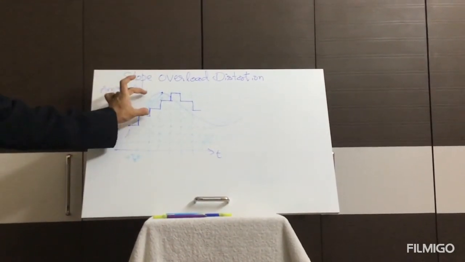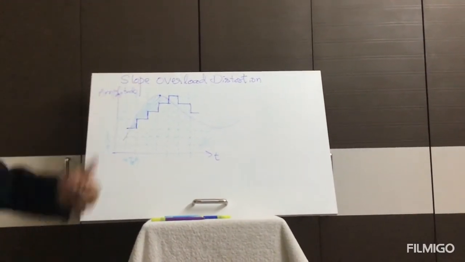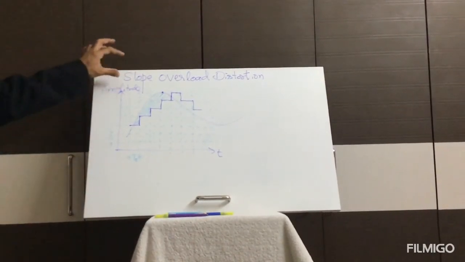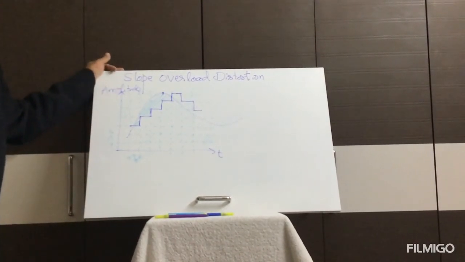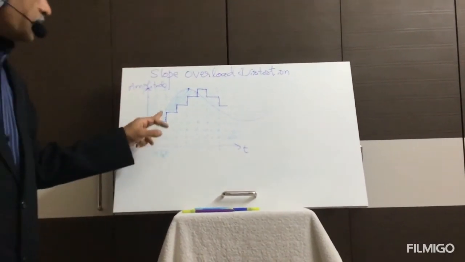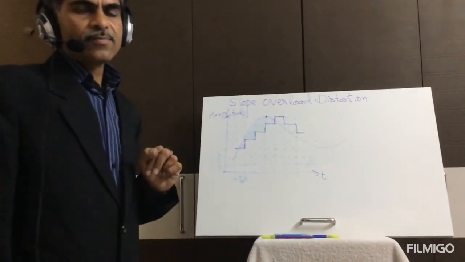There you find much deviation between the input signal and output signal, which we call slope overload distortion. So what should be the remedy for this? Once you increase the step size, then you can overcome this difficulty.